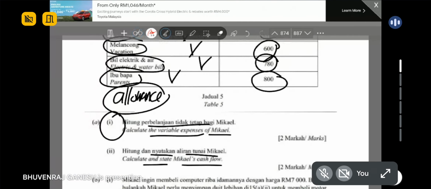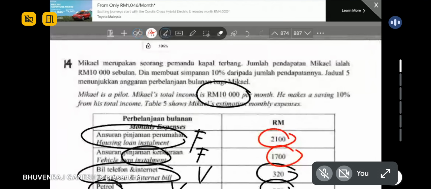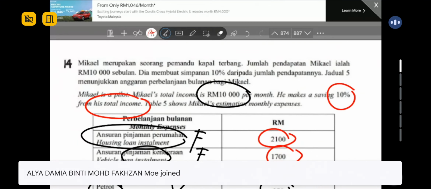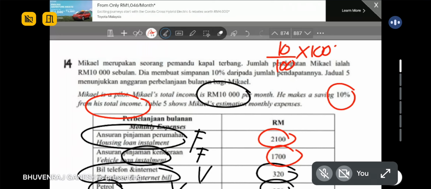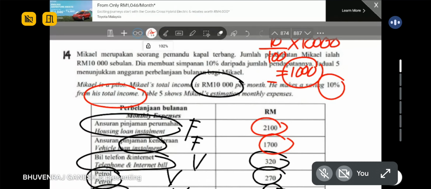Tolak semua yang ni. This one also minus. And don't forget to minus this one also, guys, because he says he saved 10%. So 10% times 10,000. Apa nilai dia? You guys will get 1,000. So minus 1,000 also, because yang ni dia simpan.